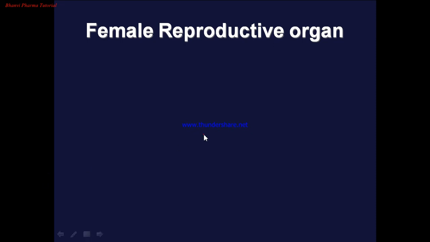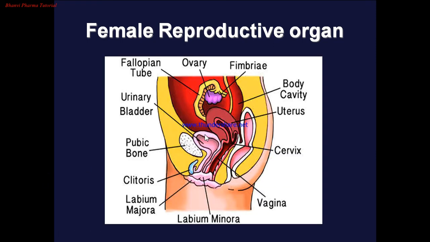Next, you see the diagram of the female reproductive organ. This is the labia minora, labia majora. This is the clitoris. This is the pubic bone. The long tube is the vagina.